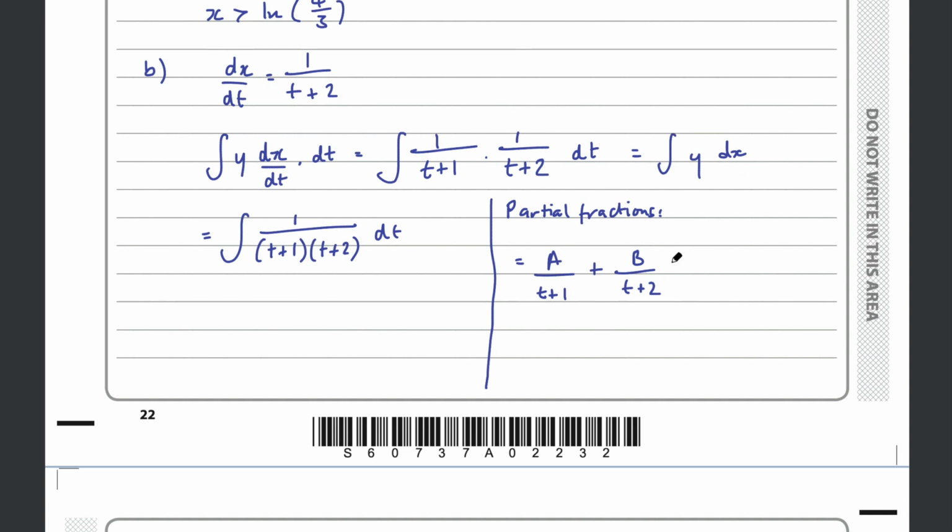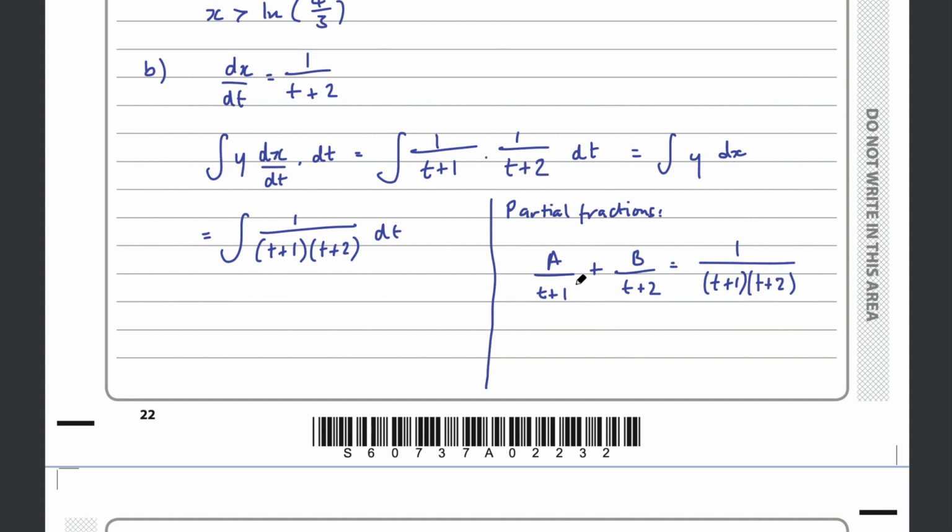So this is basically 1 over t plus 1 times t plus 2. I didn't mean to write that equal sign there. So to figure out the partial fractions, we say that a over t plus 1 plus b over t plus 2 equals this.